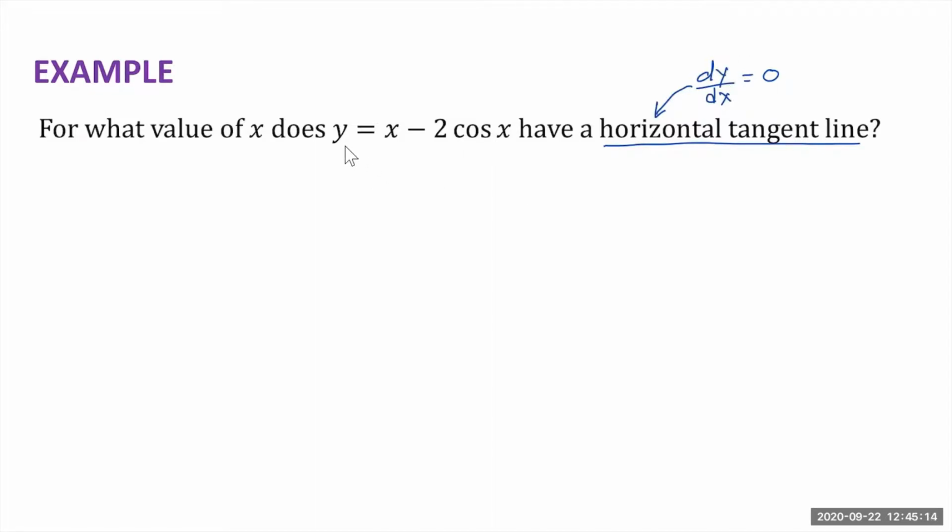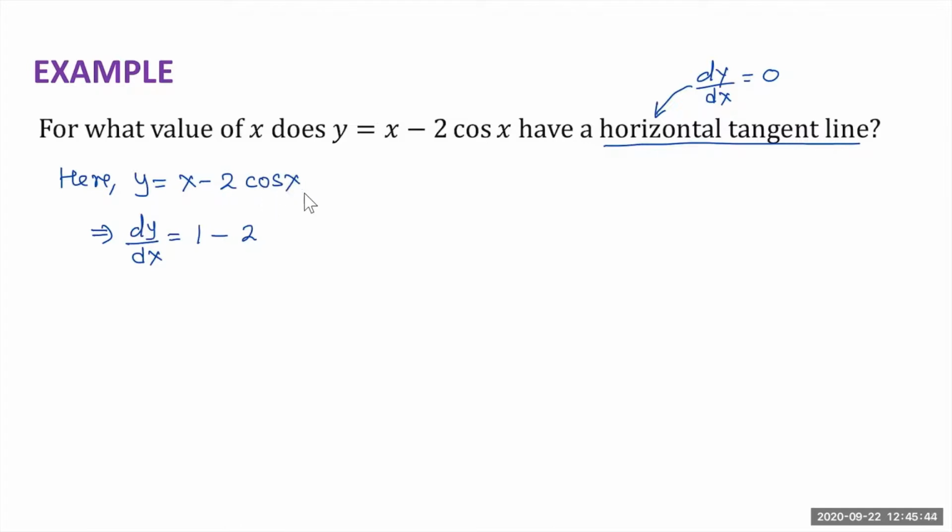So let's begin with the given function. We have y equal to x minus 2 times the cosine x. Now let's find the derivative. dy over dx is equal to, derivative of x is 1, then minus 2, because this is the constant multiple, so I can just write that 2 as it is.